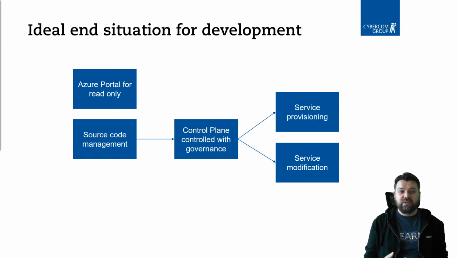You have the control plane, control with governance. So this would be the Azure environment, the Azure DevOps, or whatever tools you use to provision anything into Azure, whether it be CLI or PowerShell. That should be controlled with governance. And from there, you provision the services, and then you modify the services.